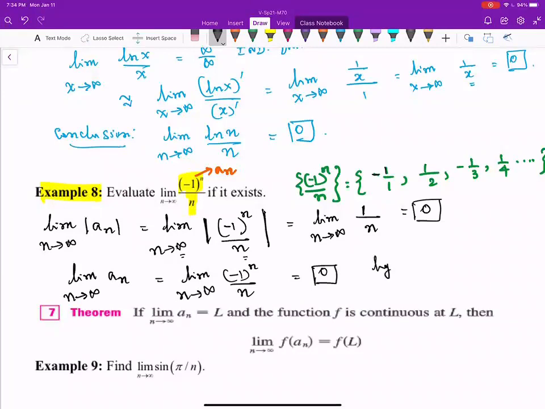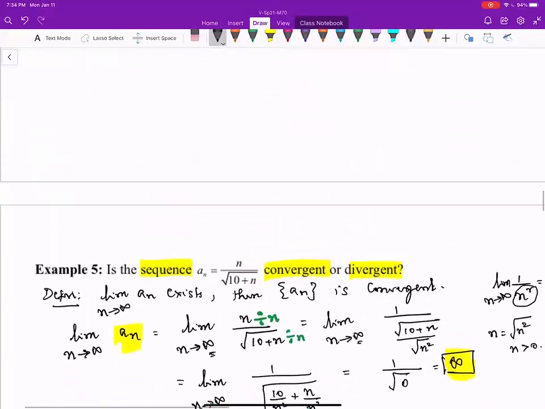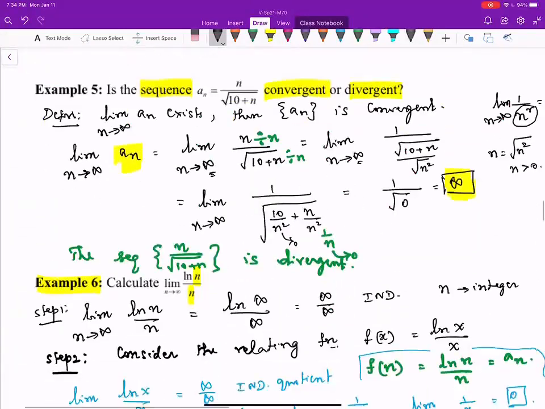By the earlier theorem that we mentioned. What is the number that we quoted there? This is theorem 6, right?